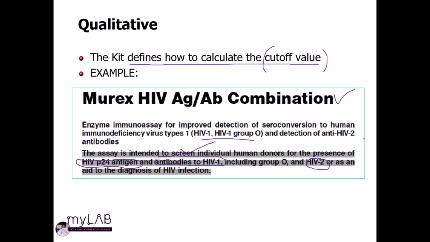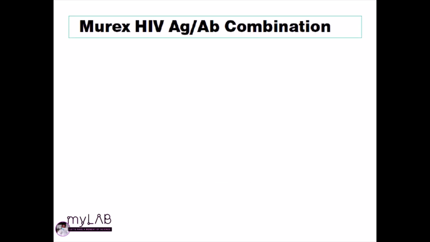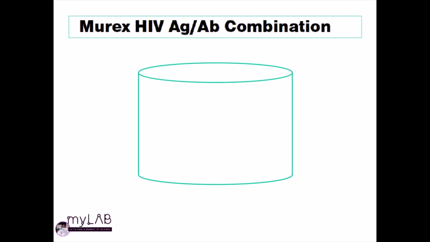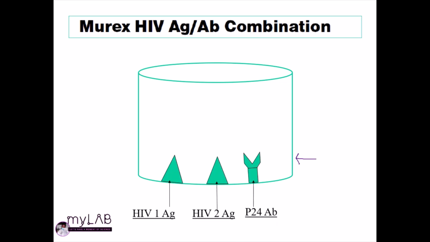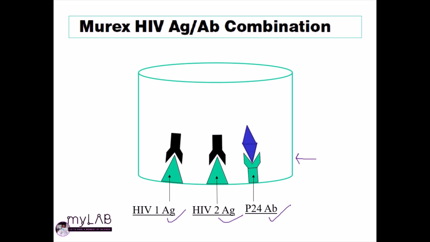So in this Murex antigen antibody combination, we usually will have our microtiter well coated with HIV1 antigen, HIV2 antigen, and P24, which is a core protein of the HIV virus antibody. In the patient serum, we are targeting the antibodies against HIV1 and antibodies against HIV2.